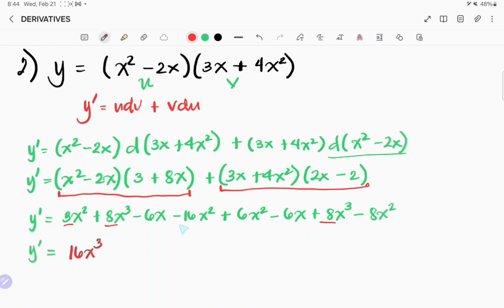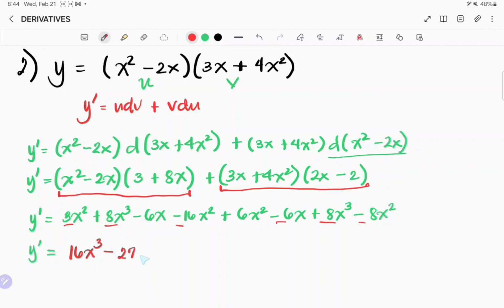3x squared, negative 16, negative 6, and negative 8. So negative 16, negative 22, negative 30, and plus positive 3 is negative 27.